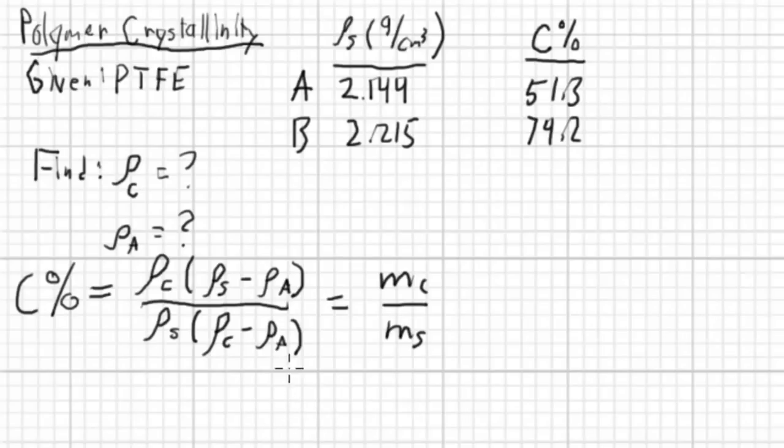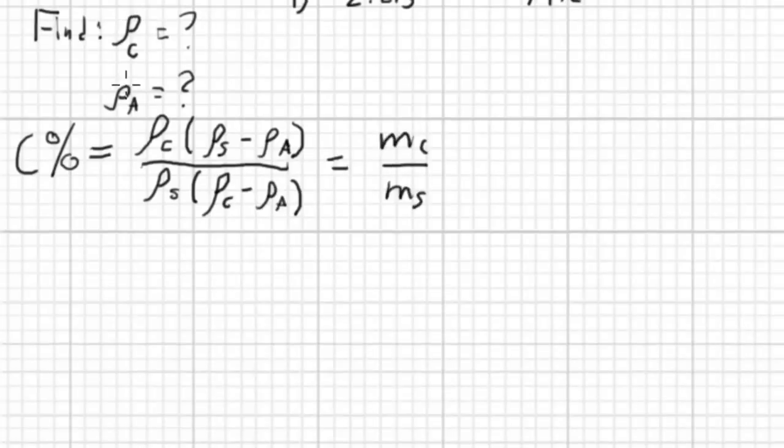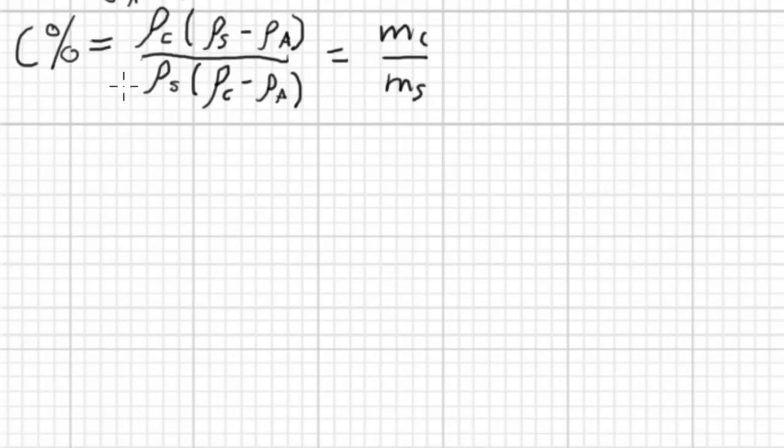Well, we are going to start with just this section of it, and we want to solve for the density of the crystalline form right here. So we're going to solve this equation for that.